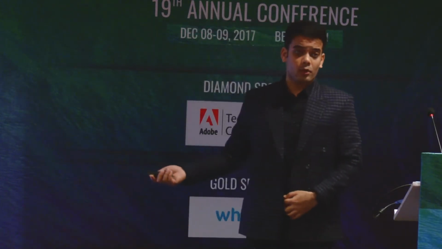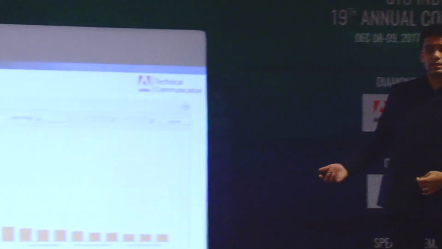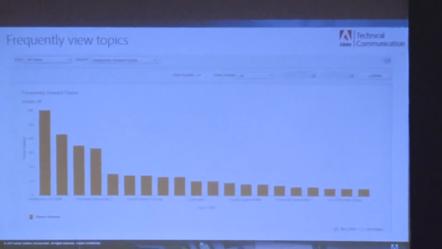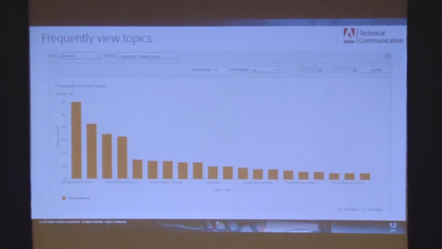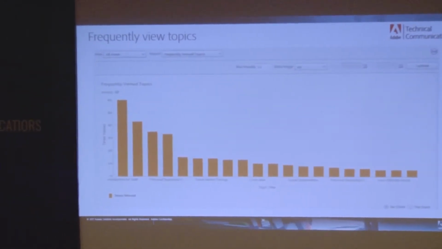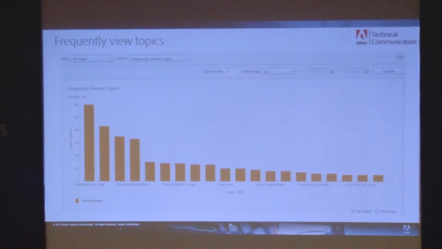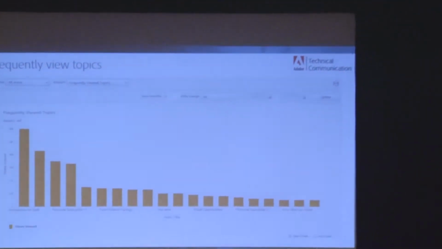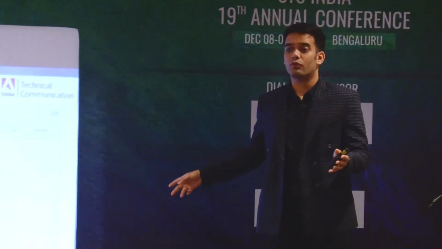Again, one kind of report: frequently viewed topics. Now this is something that is extremely helpful in cases where we have a huge documentation. What kind of documentation are the people most likely looking at, right? And what are the areas that you could actually focus on? Maybe there could be two things: either the people don't require this information, or this content needs to be improved.